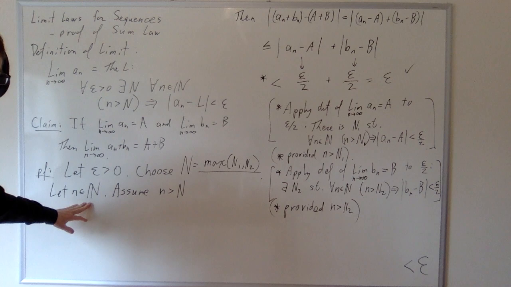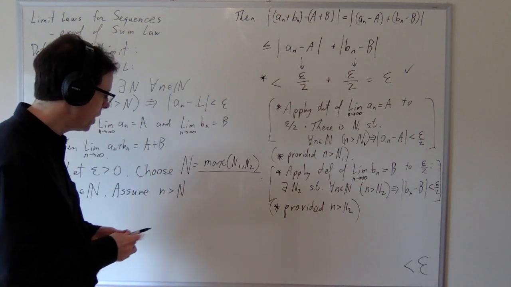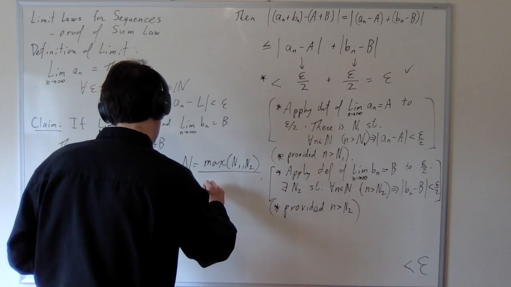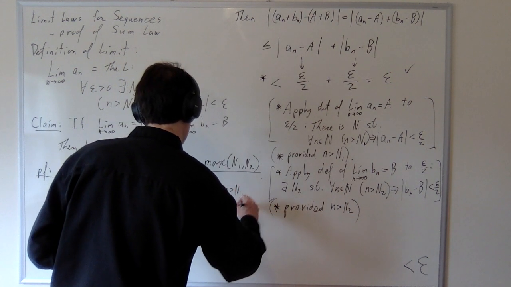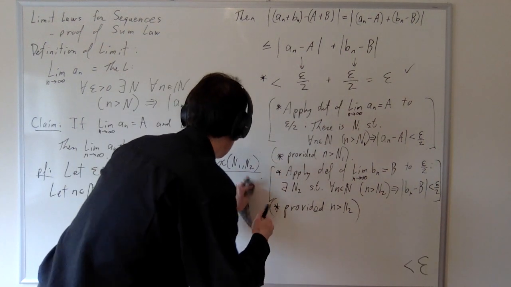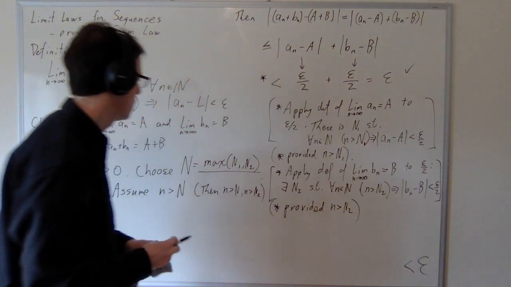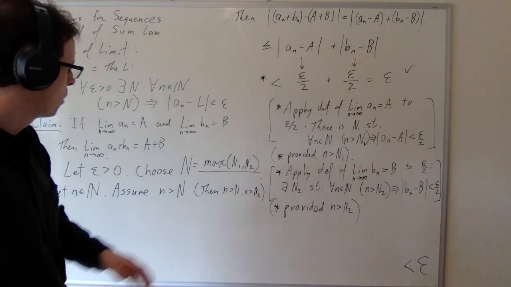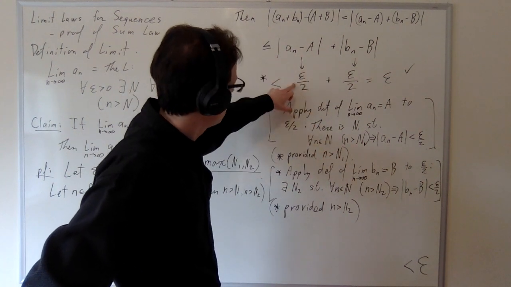So that when we choose an arbitrary little n, and then assume that little n is greater than cap n, a simple consequence of that is that n is greater than n1, and that little n is greater than n2. So what we're doing here is this gives us a proviso that justifies this inequality.